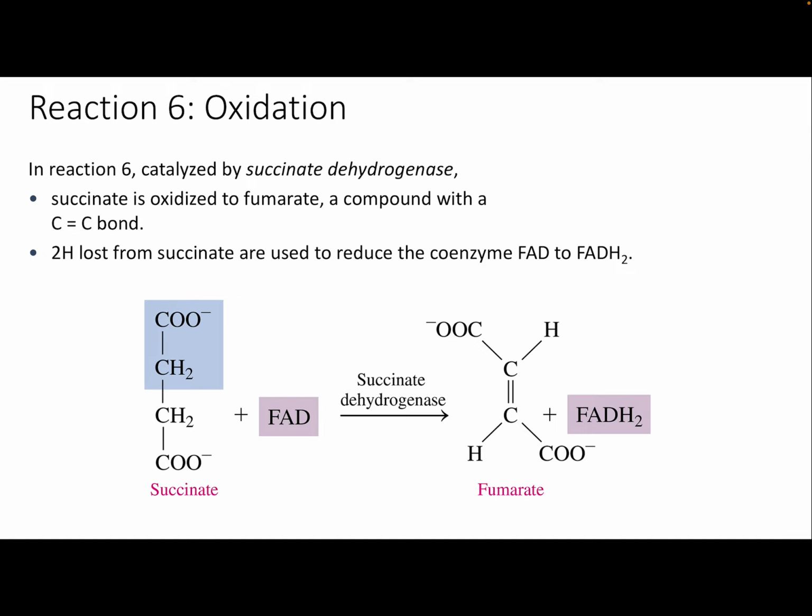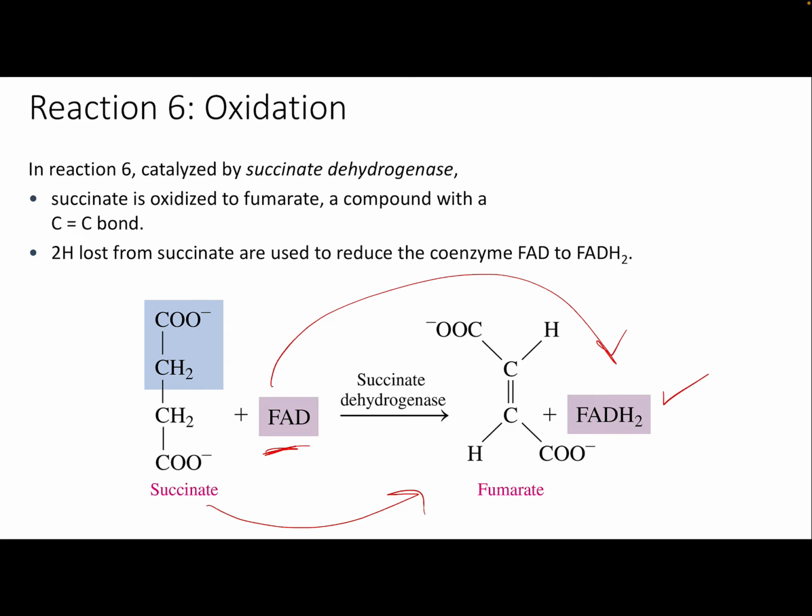which then in reaction 6, we're going to take succinate, and here we're going to use it to oxidize to fumarate. So succinate gets oxidized and FAD gets reduced. I think I was calling this guy fumarate here. We see our FADH2 form. This would be another electron carrier.